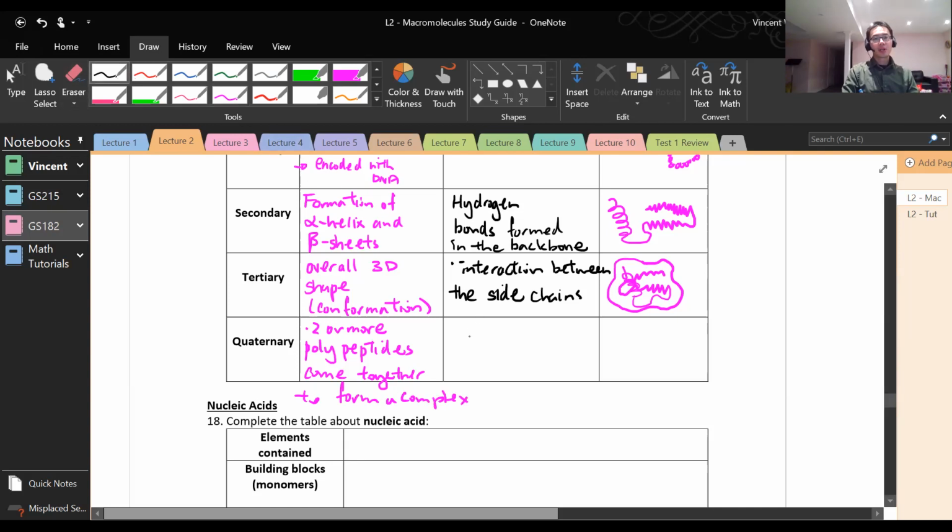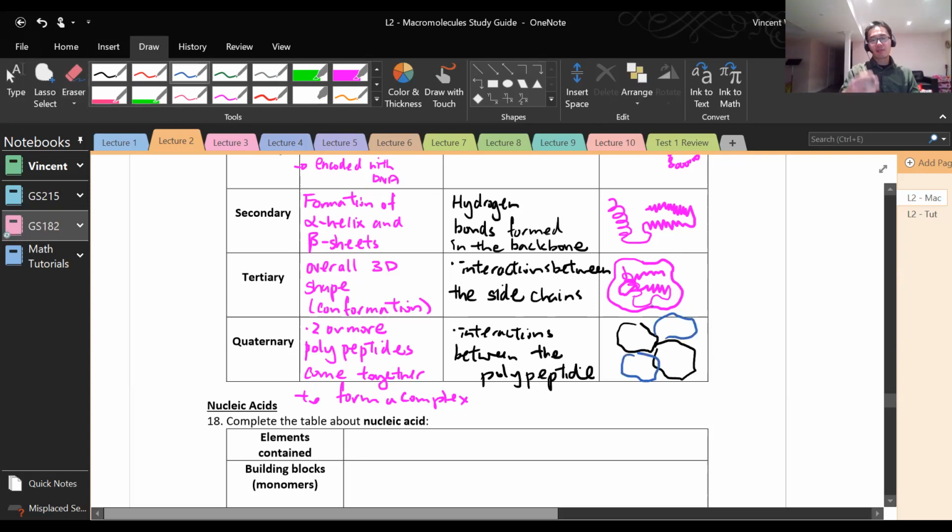Okay, so to hold them together, it would be the interactions between the polypeptides. Hemoglobin is an example. You would have two alpha subunits, that's what they're called, and two beta subunits.